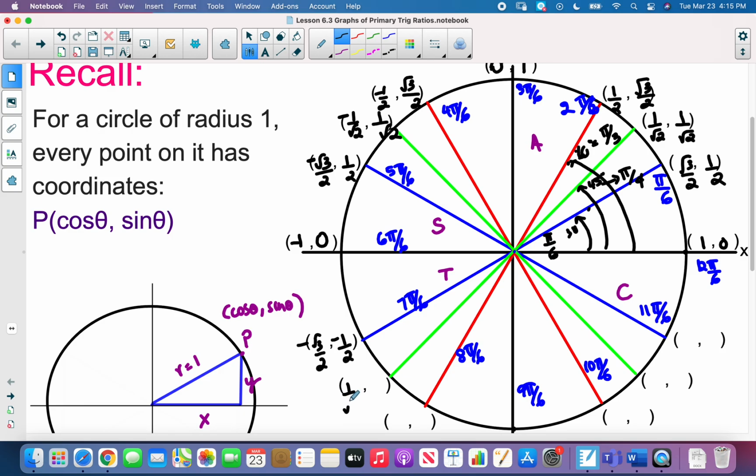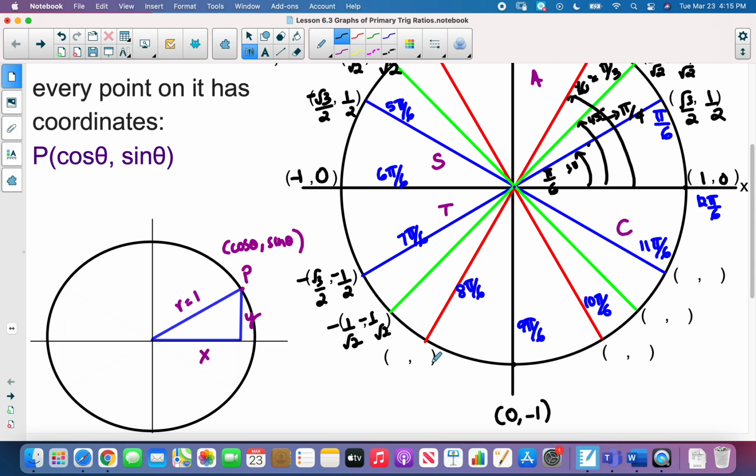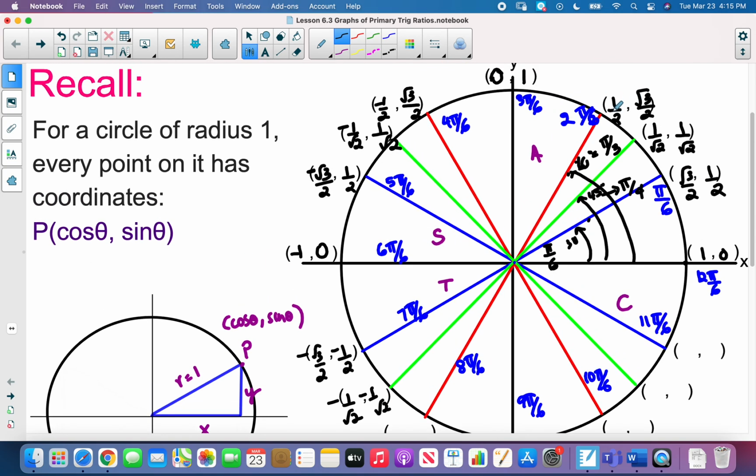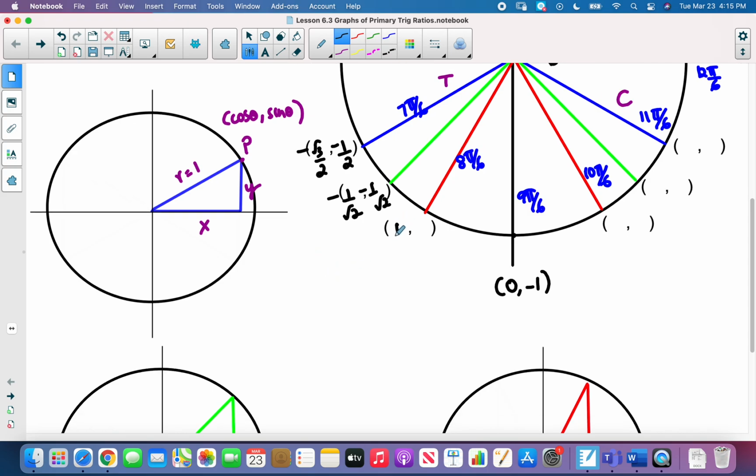So it'll be 1 over root 2 and 1 over root 2, both sine and cosine negative. And this red one here is 8 pi over 6. It'll have the same numbers as 60, which is half and root 3 over 2. But both will be negative because sine and cosine are both negative.